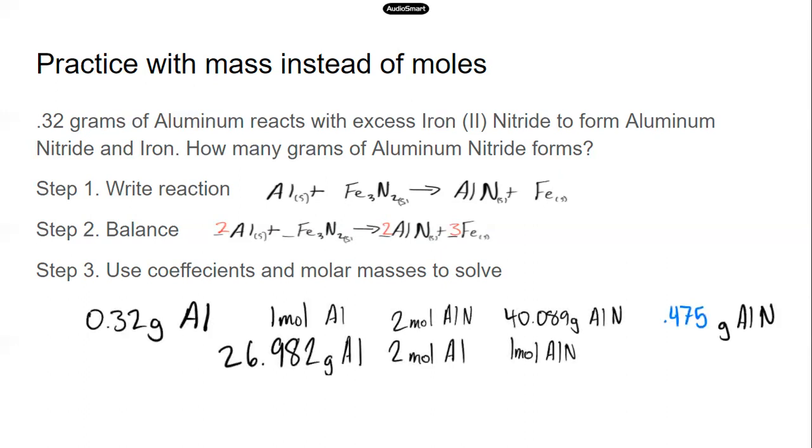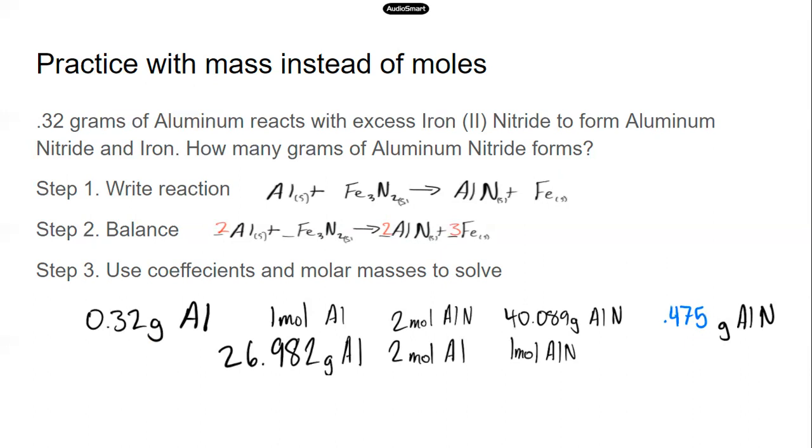So like I said before, we start out with 0.32 grams of Al, and then we're going to use our molar mass to figure out how many moles we have, and then we can use our molar ratio to figure out how many moles of aluminum nitride we have.